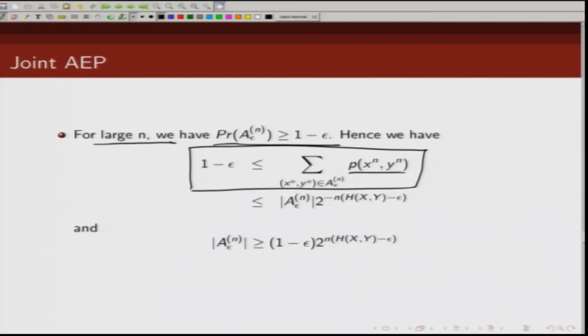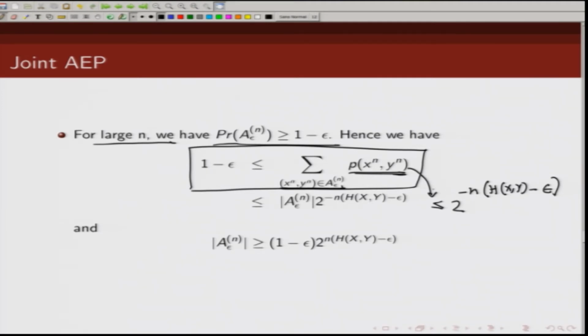So when we are summing this over the jointly typical set, this summation is greater than 1 minus epsilon. And we know that this is upper bounded by 2 raised to the power minus n times H(X,Y) minus epsilon.